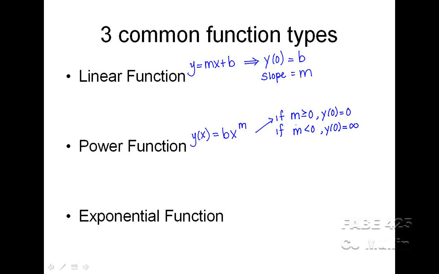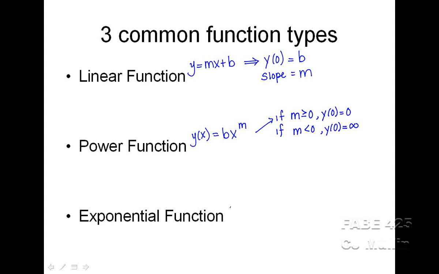If the m value is greater than or equal to 0, it's going to be 0 at x equals 0. If the m value is less than 0, then it would go to infinity. That's kind of logical, I think.